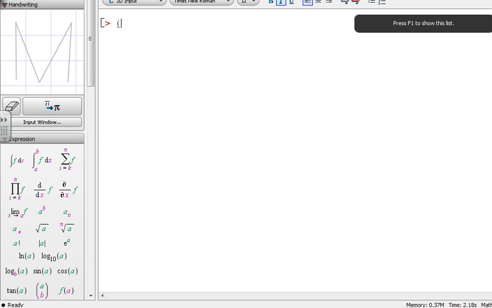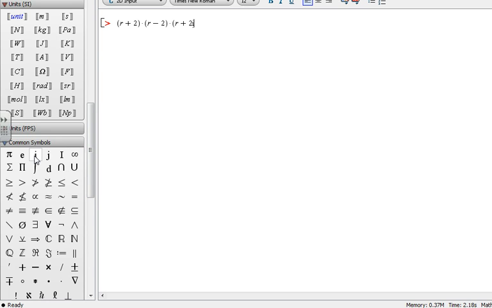So I've got x plus 2 times x minus 2 times, and we really want to do it with r's, don't we? r times r plus 2i times r minus 2, and we're probably going to have to put a multiply sign there while we're at it. I probably should put one back here too.